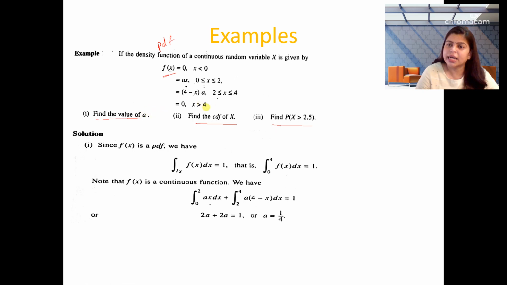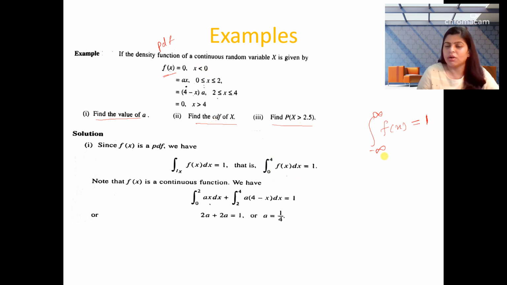So we'll use again the same definition, because we know that if we take the limit from minus infinity to infinity and we integrate this fx PDF, it must give us 1. Okay. So we'll use the same concept here, and because the range is from 0 to 4, you can use 0 to 4.